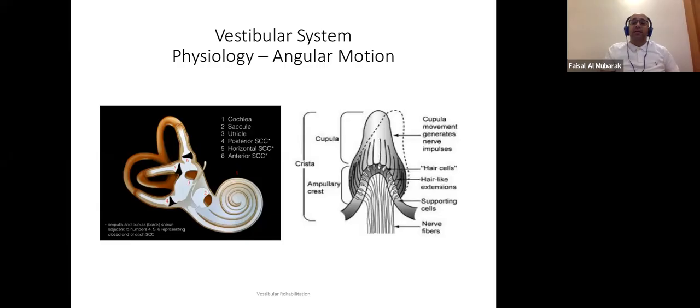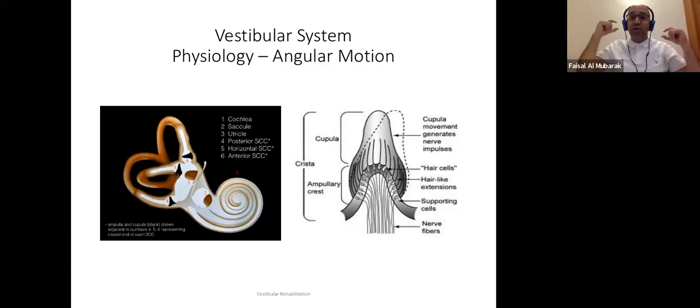Let's take an example. But before this example, I want to share one thing with you. As we said, we have three semicircular canals here. Before this, we have a vestibular system in this ear, and another vestibular system in this ear. These two systems are working together.